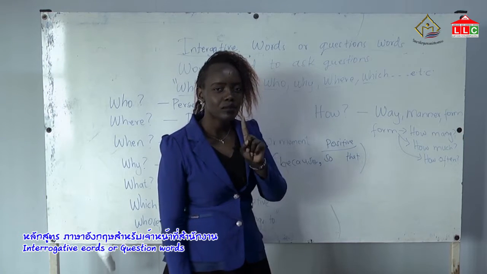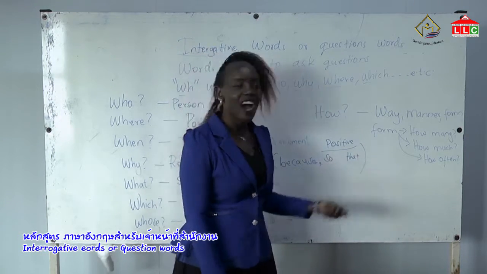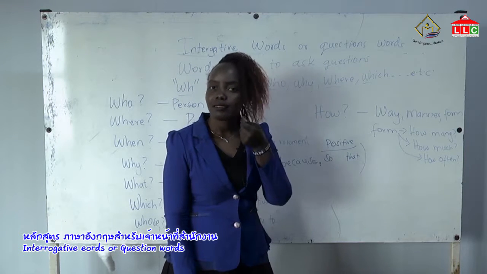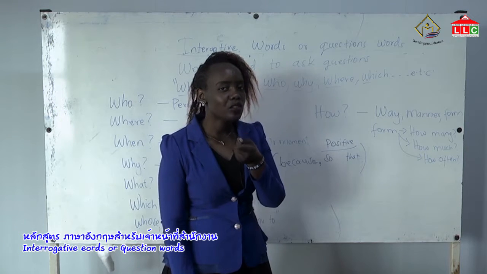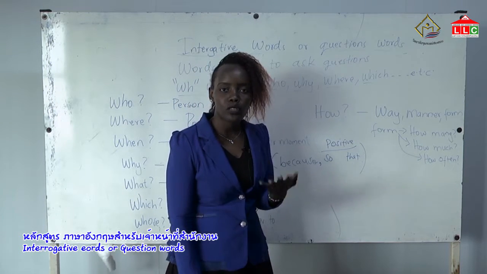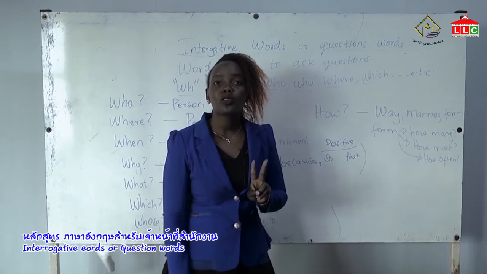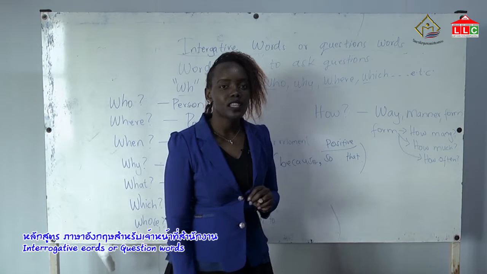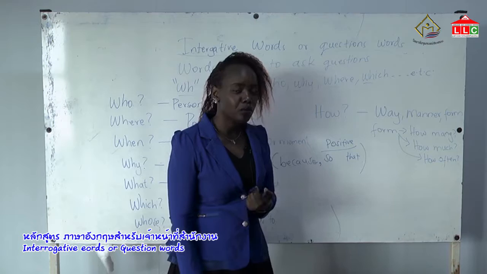You count 1, 2, 3, 4, 5. And if it is how much, it is with money. Very good. So you have to use the money, bahts, dollars, euros, according to the currency. So you can say how much is your phone? 2,000 baht, or you can say $2,000. Okay, according to how much you bought it.